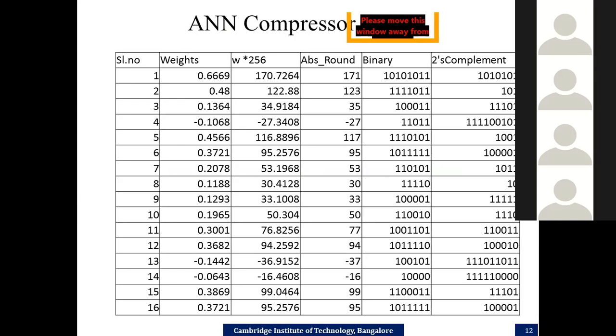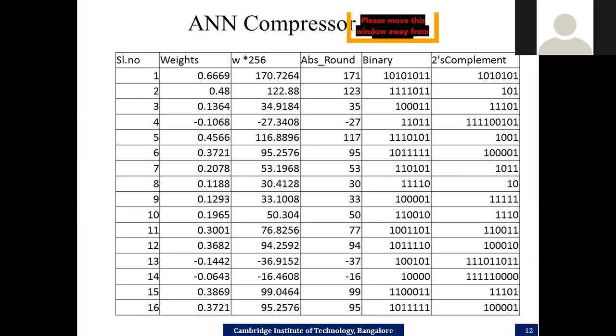See, there are three things here. Training is done in the software environment. Then you have a hardware on the other side. Maybe it could be an FPGA, it could be a DSP processor, it could be anything. Let it be just a hardware.